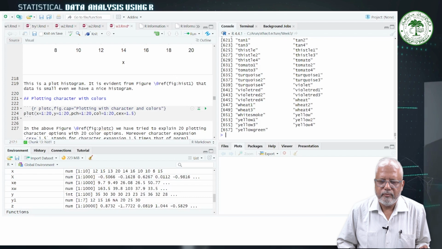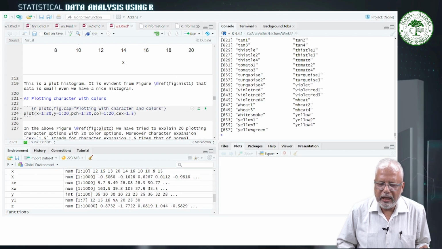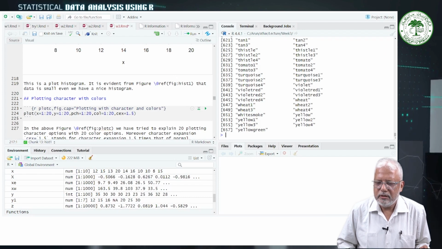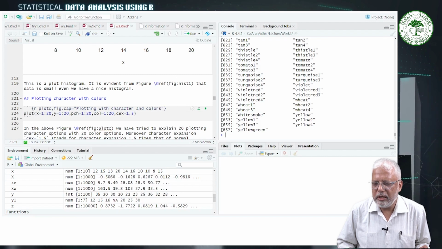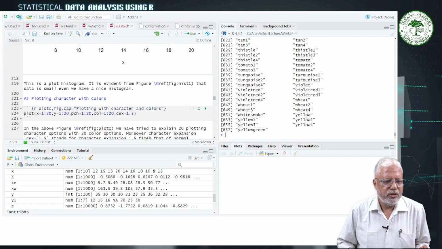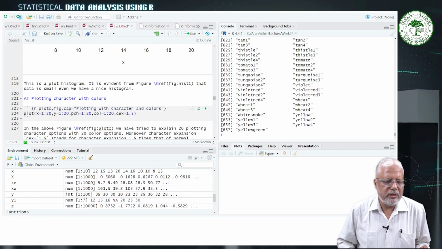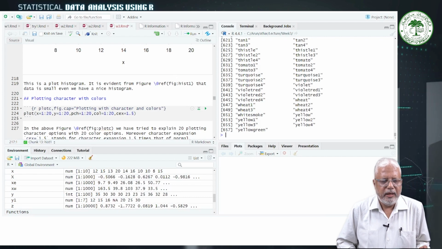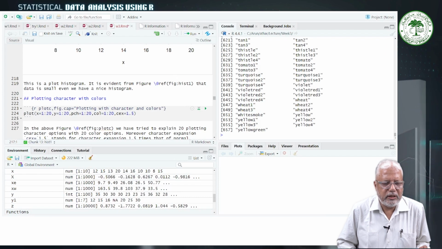Every color option has a number, like 657, and the color is yellowgreen. 655 the color is yellow3, and 656 the color is yellow4, like that. So there is a very good option of colors, and similarly there are many plotting characters, like you can use a star, a filled circle, an open circle.